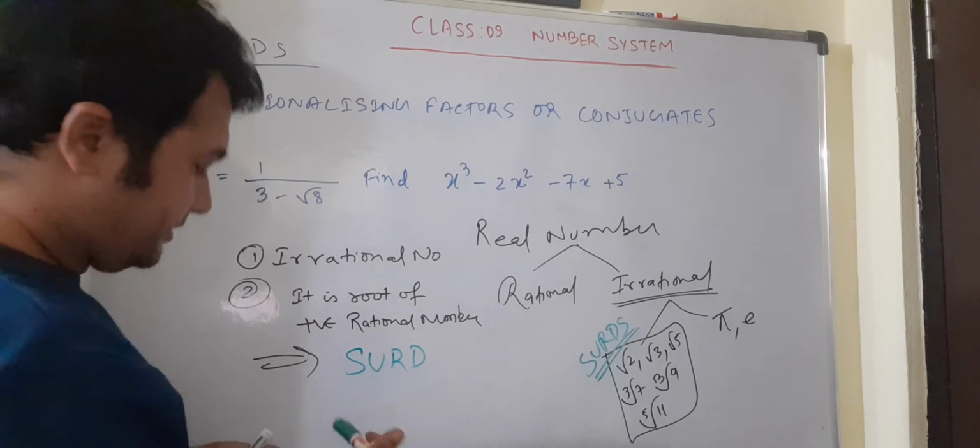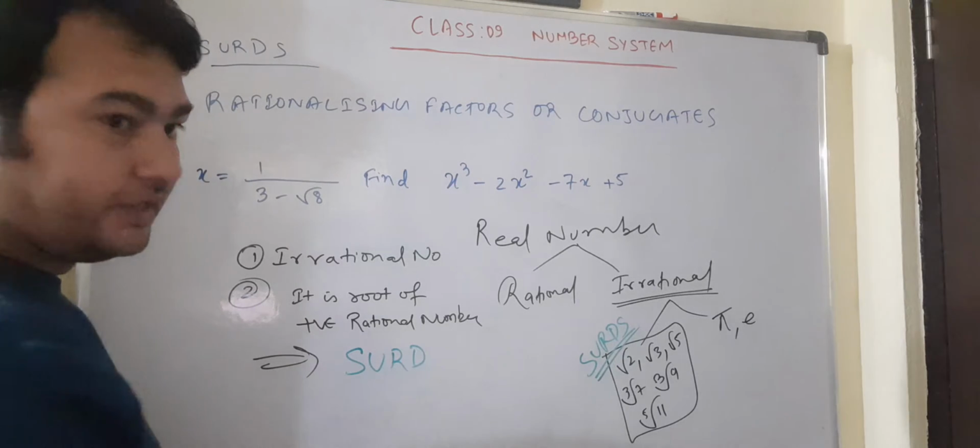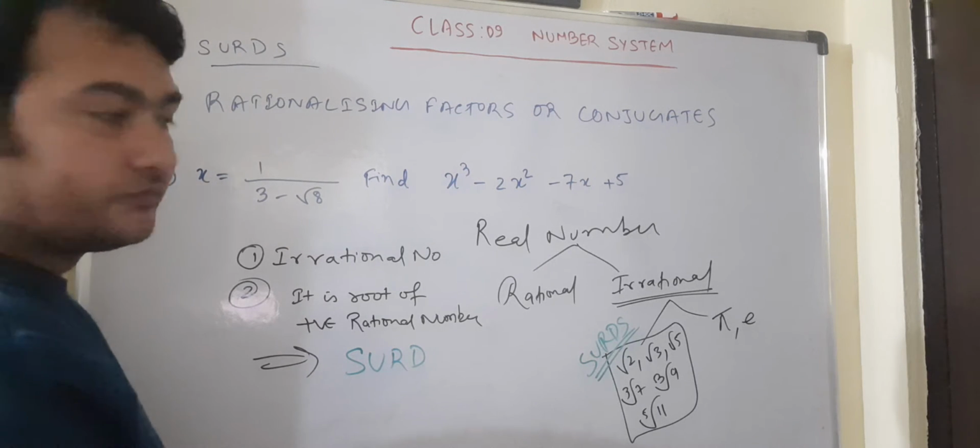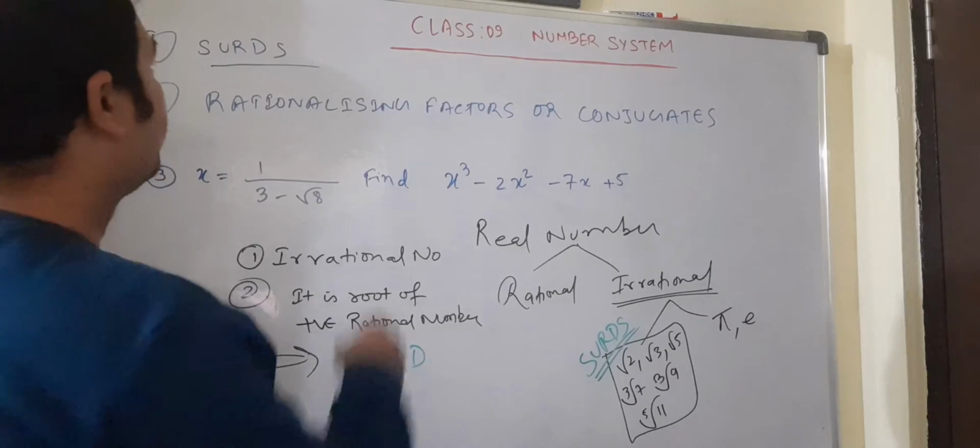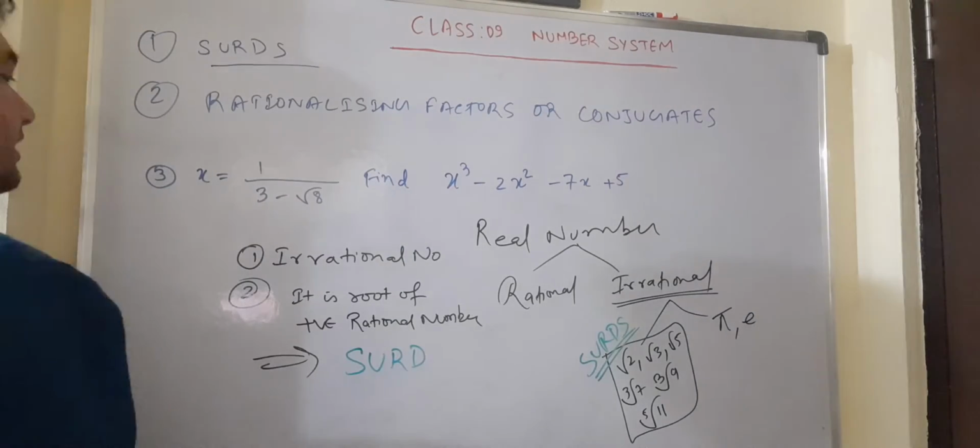And all irrational numbers are not surds, but all surds are irrational numbers. So the first topic, surds, is clear to you.